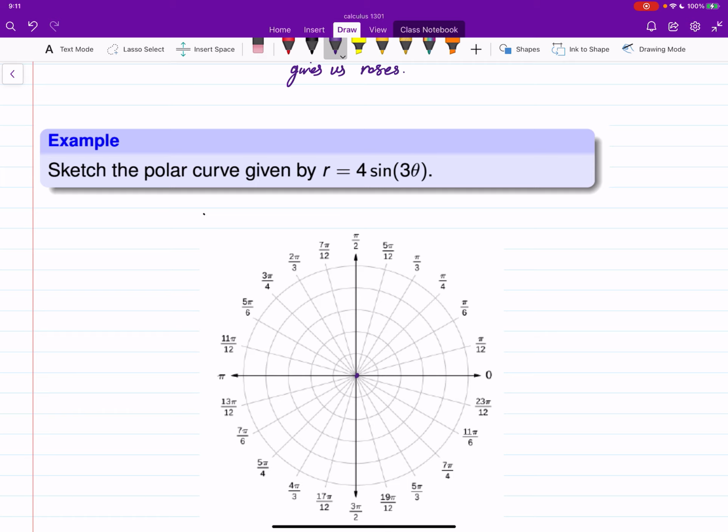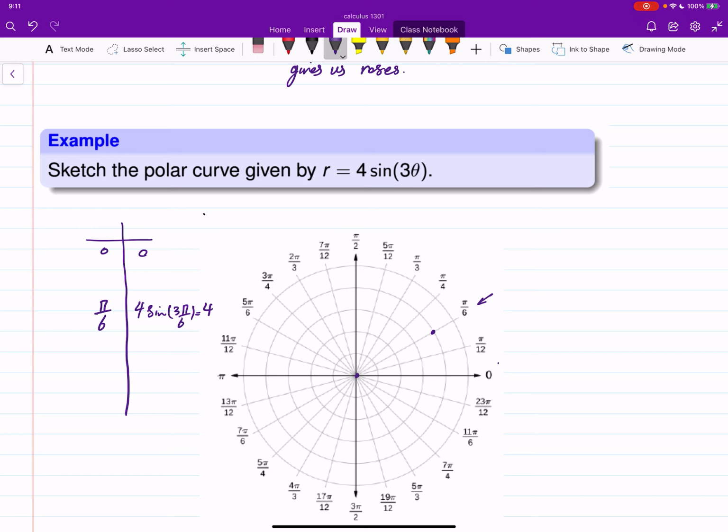And then when we go from 0, what is this value that will give me pi over 2? So up to pi over 6. Yes, so it will give us 4 sine of 3 pi over 6. That will be 4. So at pi over 6, we will have the value 4.